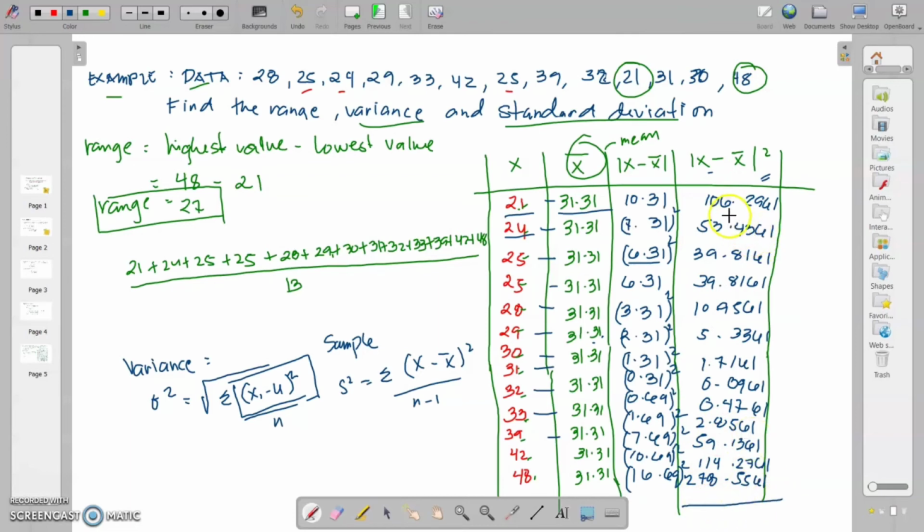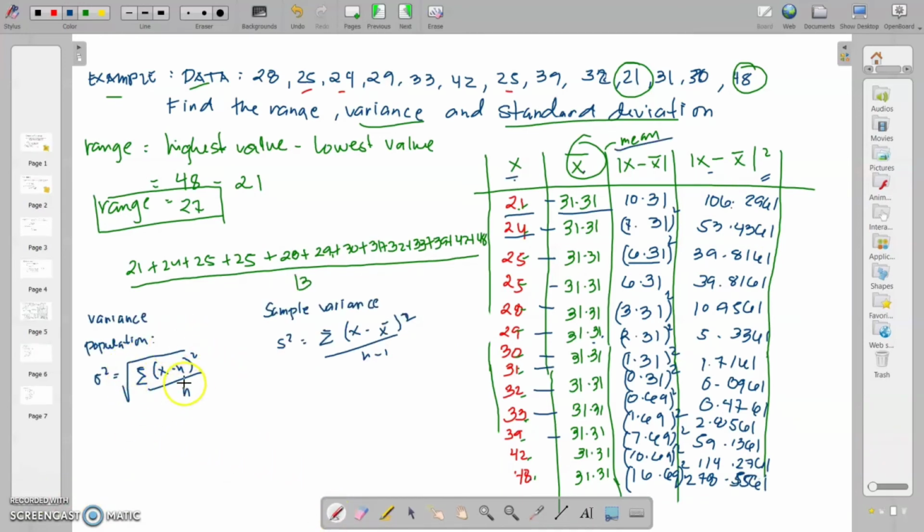So, addition lahat using calculator. So, para makuha si population, para sigma na lang siya, squared din both sides. Magiging sigma summation x minus mu squared over n. So, para makuha ito siya na formula, i-add lang siya lahat.